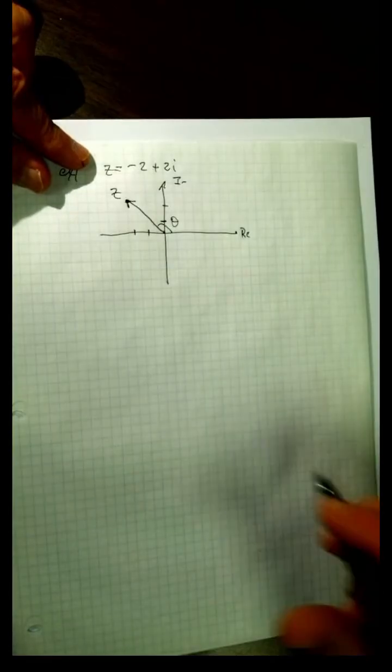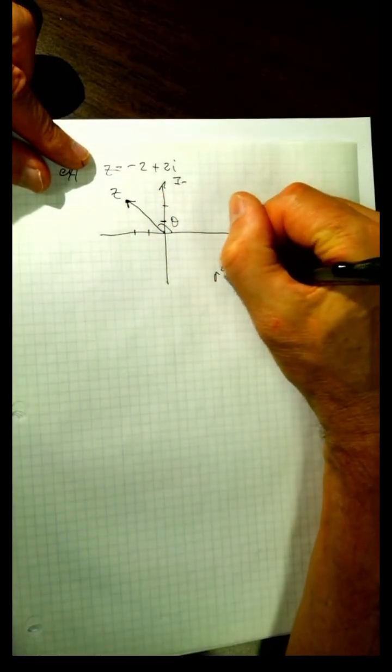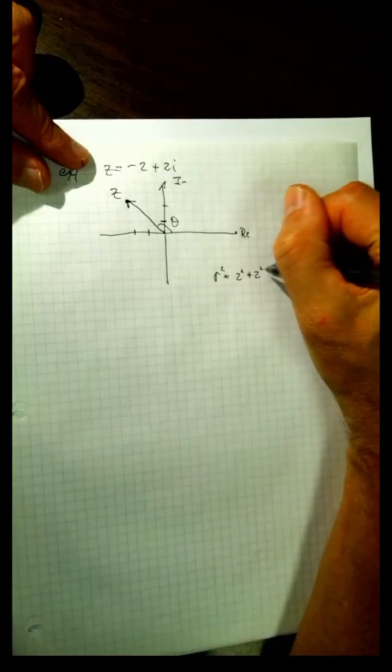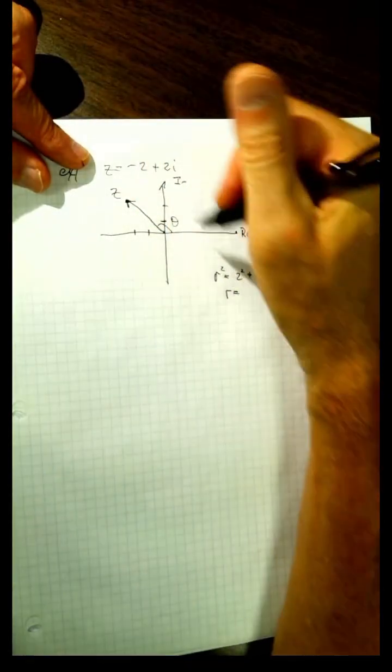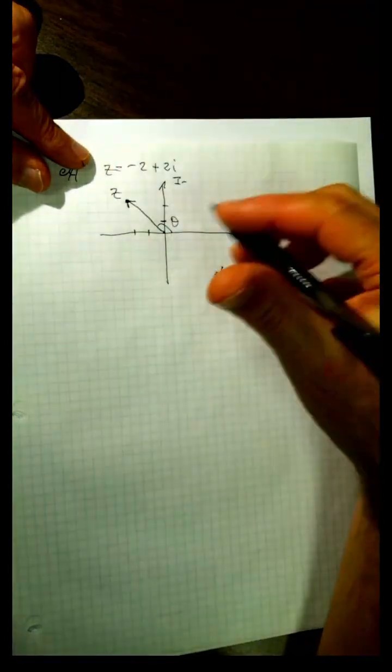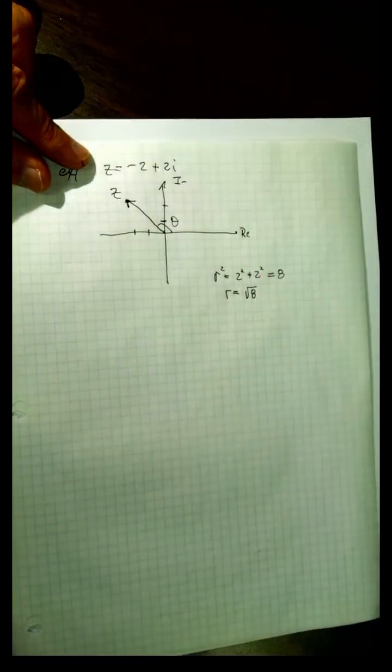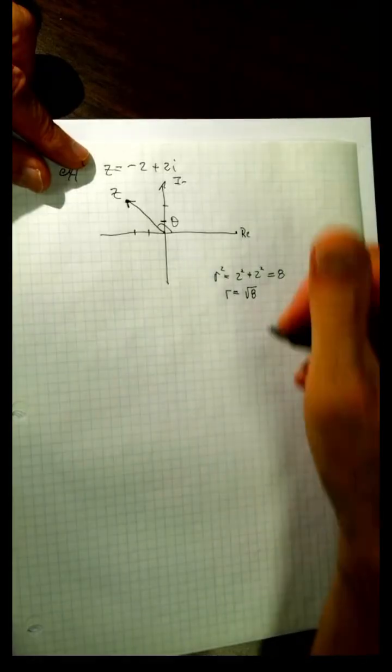So I can think of z as looking like that. And then my r squared is going to be 2 squared plus 2 squared, which is 4 plus 4, which is 8. By convention, we try to keep r positive, but sometimes that doesn't work. So r is the square root of 8.